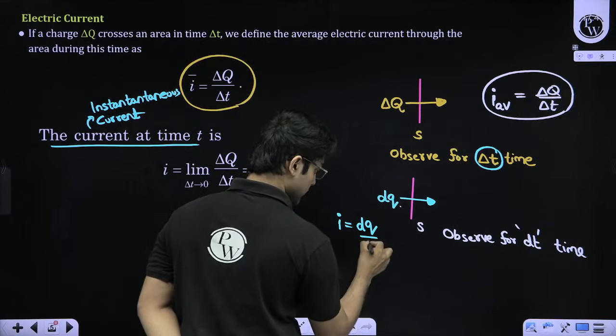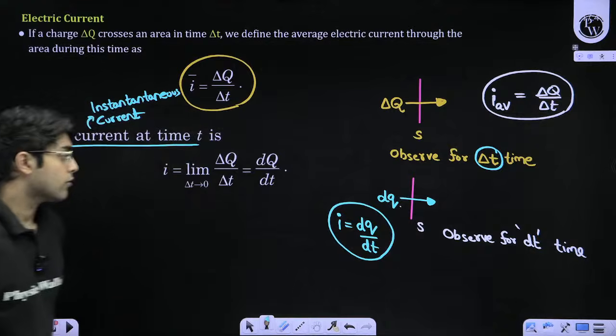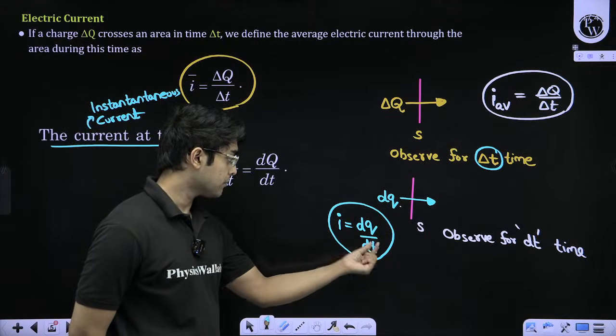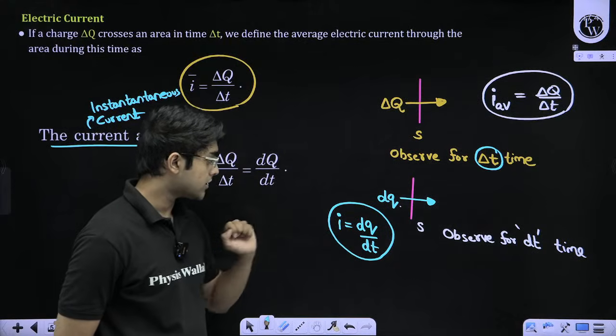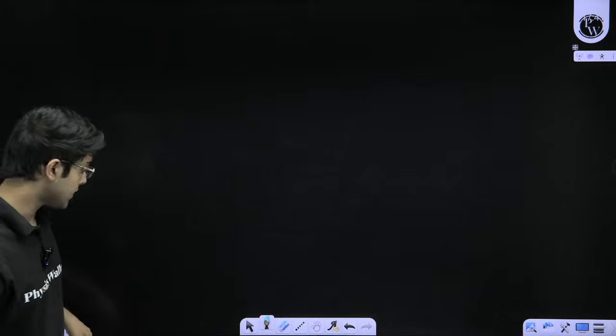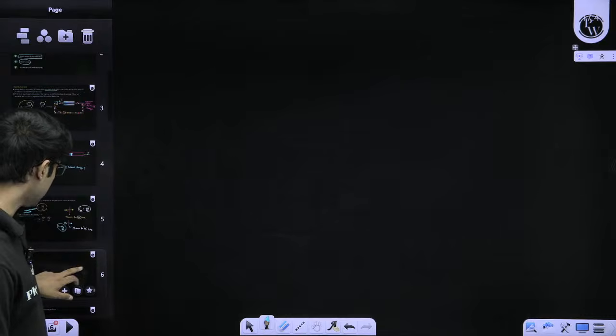So now if you know how charge changes with time, you can simply differentiate the charge to get the current.